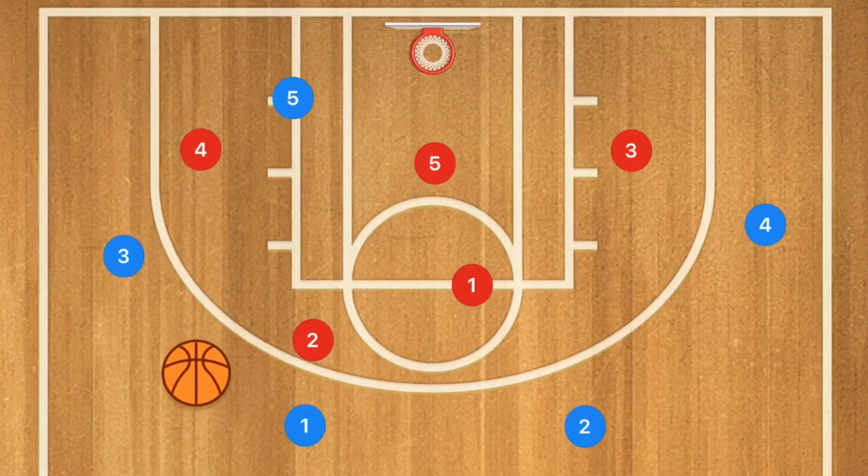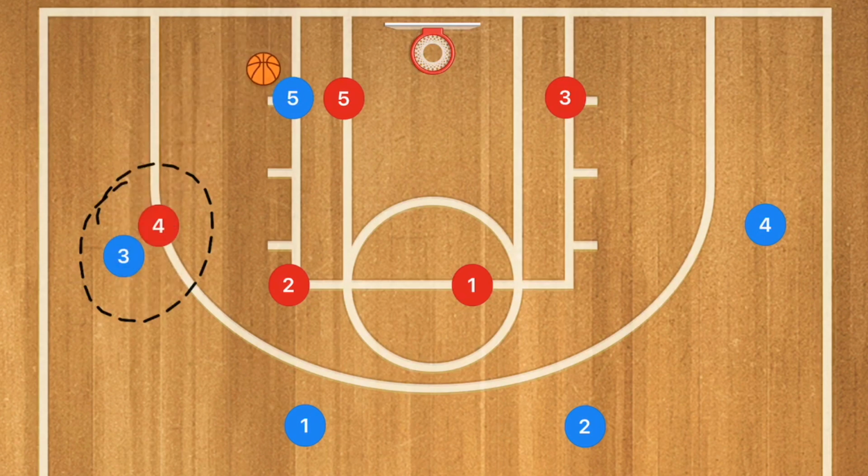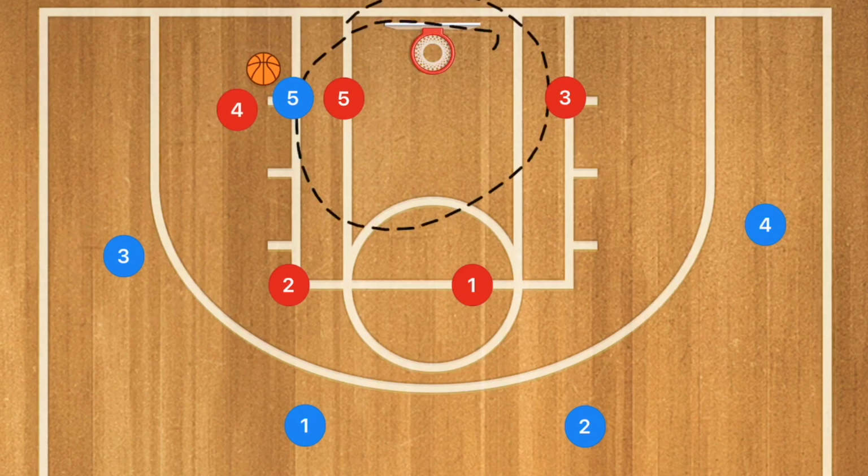So in this case, we would pass over to player 3, have player 4 move up and guard player 3, who would then pass it down to player 5, which would collapse player 4, because this is another double team location. This is player 5's zone and this is player 4's zone. So by having player 5 have that ball, you can now have player 5 get double teamed.